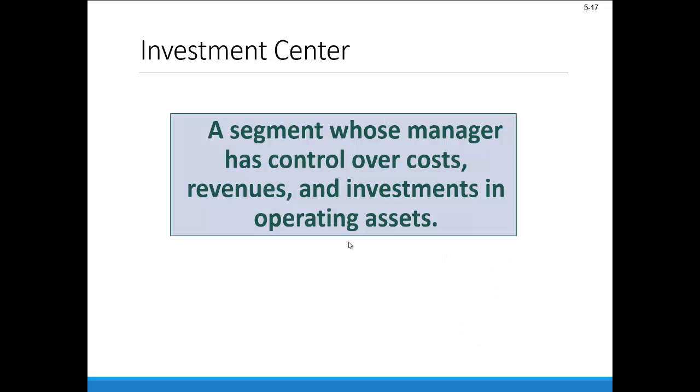And then finally, we have an investment center. That's any segment whose manager has control over costs, revenues, and investments. So they're customer facing, they're generating sales or revenue of some type. They certainly have costs associated with their part of the operation, and they can make investments in capital and productive assets. So a manager of a certain product line within an organization probably fits this description.